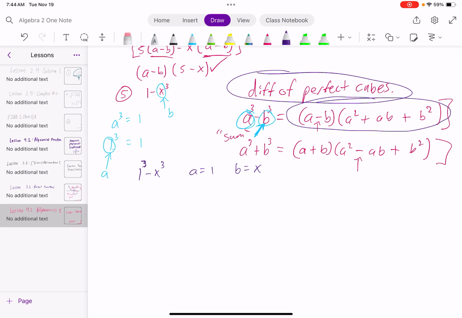Easy peasy. That is 1 minus x times 1 squared plus 1 times x plus x squared, right? 1 minus x, 1 plus x plus x squared. And you're done.